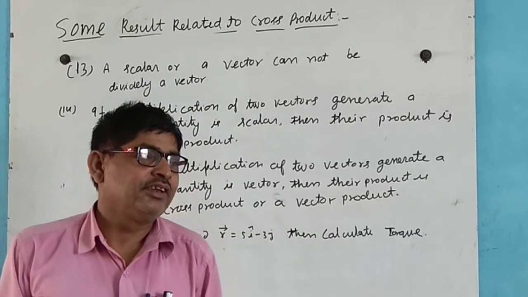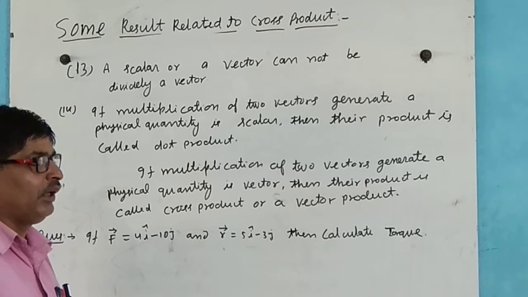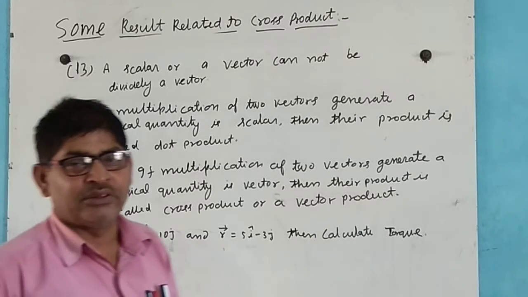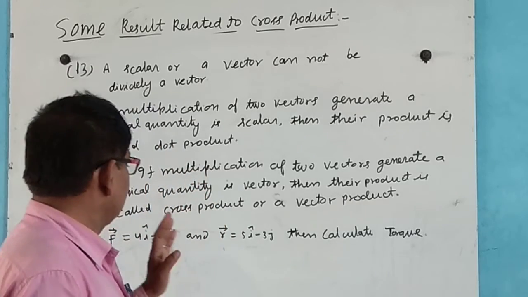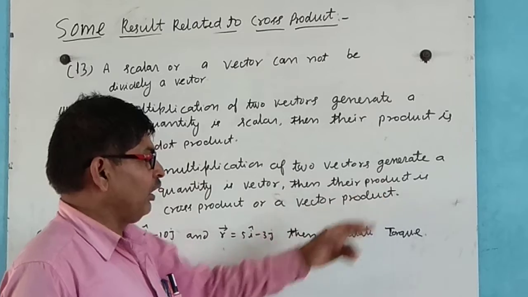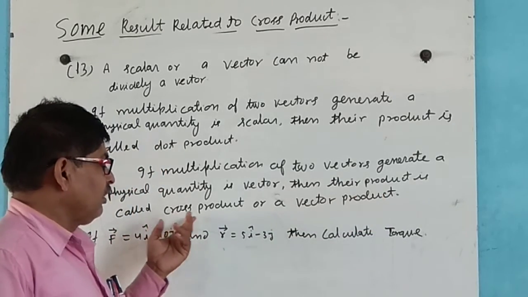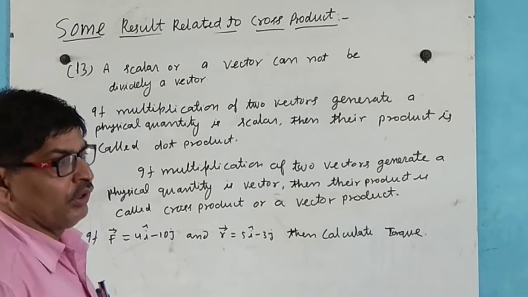If the multiplication of two vectors generates a physical quantity that is a vector, then their product is called the cross product or vector product.